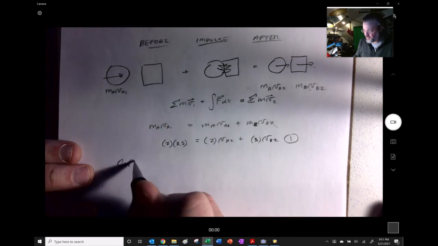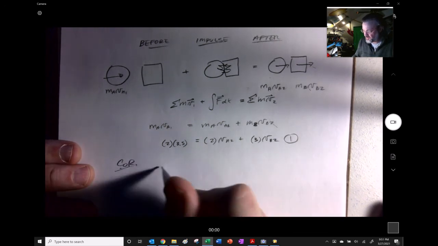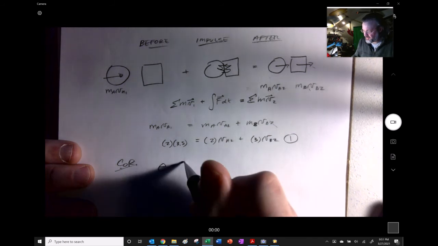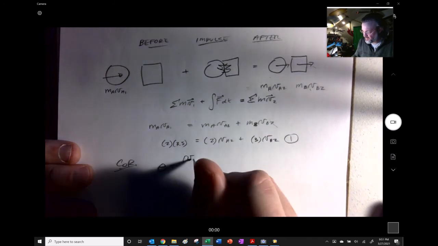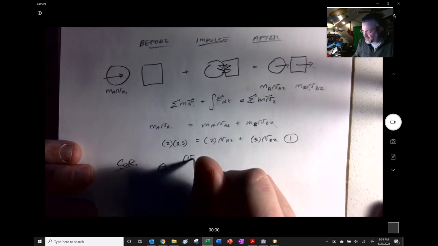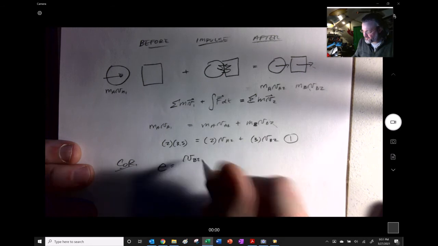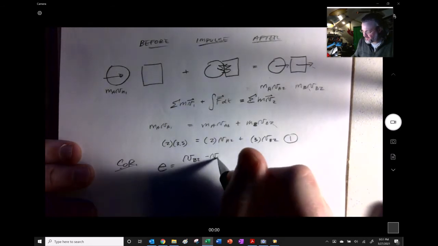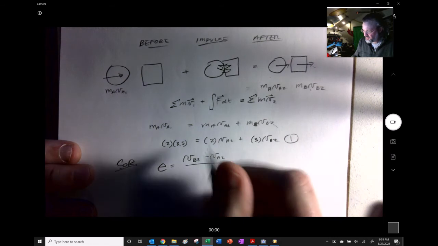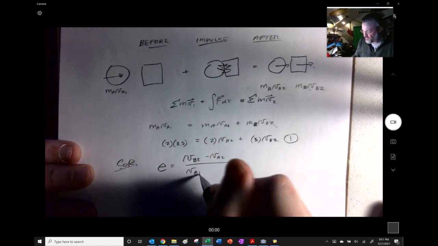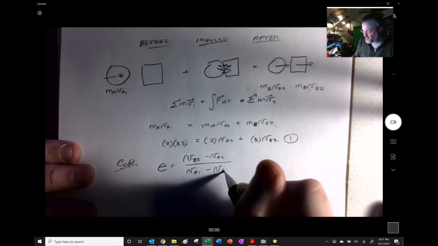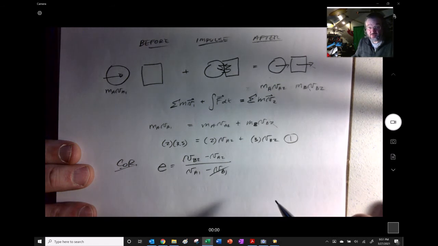So we go to the coefficient of restitution here. And we say e is going to be v_B2 minus v_A2 divided by v_A1 minus v_B1, which we know v_B1 to be equal to 0.